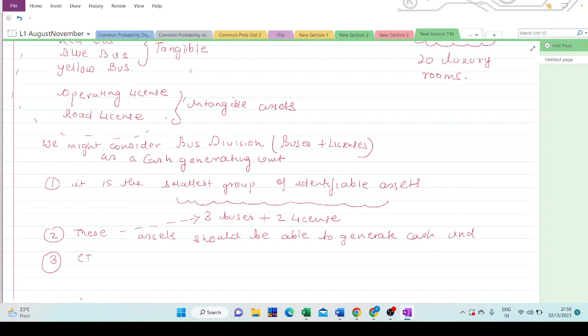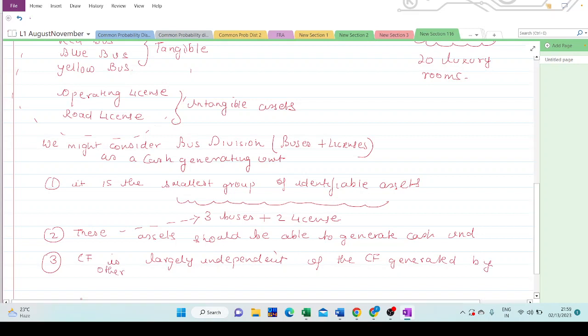So the cash flow is largely independent of the cash flows generated by other assets, right?